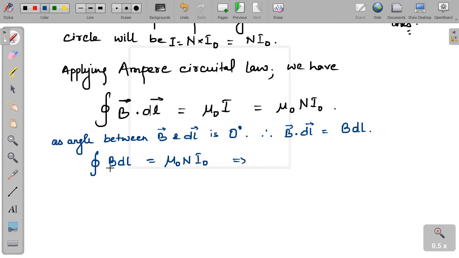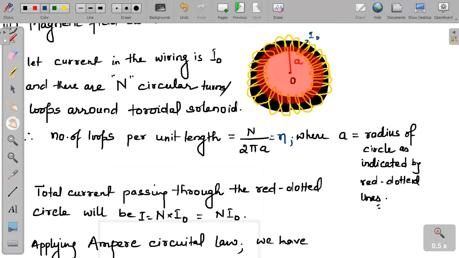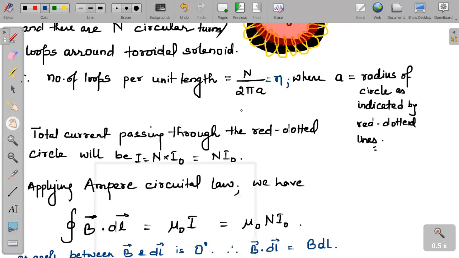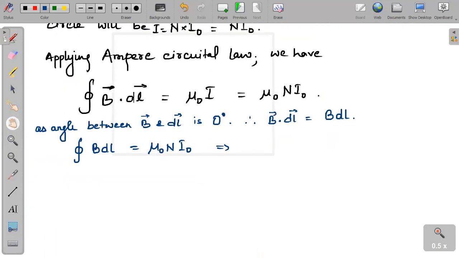B is going to be a constant number because it is a symmetric figure. It is the same from every side, so whatever the value of B is here, it is going to be a constant value. Since it is constant, we take it out of the integral and it becomes B integral. This integral with the circle sign is called the line integral.